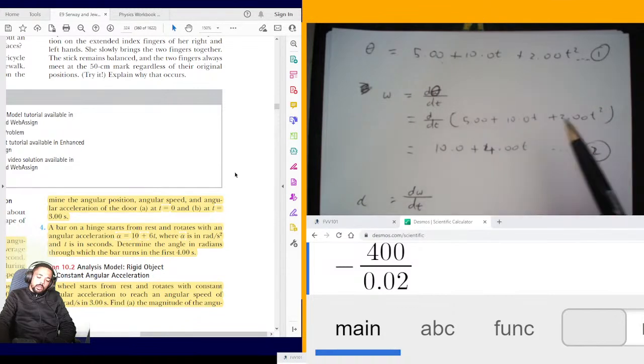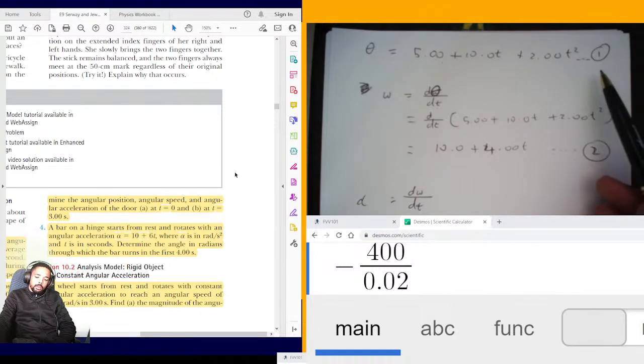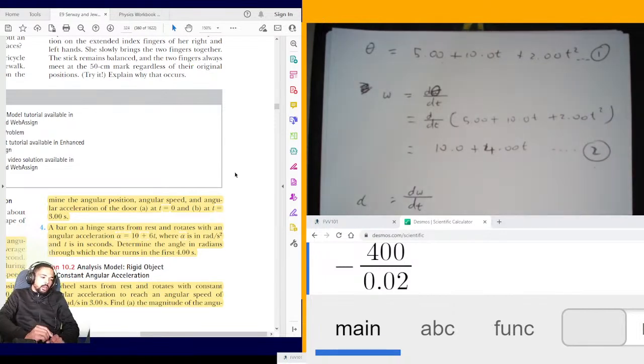The angular velocity, if you plug in 0, you get 10 radians per second, and if you plug in 3, you get 12 more, that's 22 radians per second. The position will be 53 if you plug in 3, and 5 if you plug in 0.